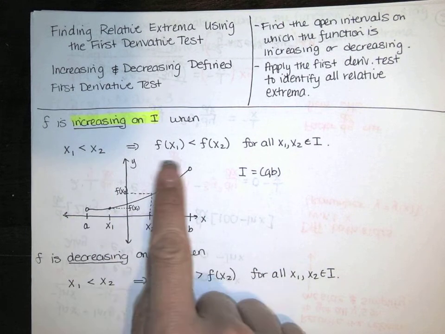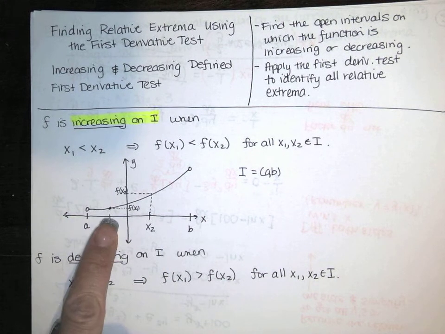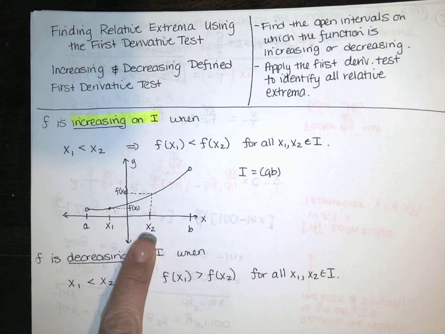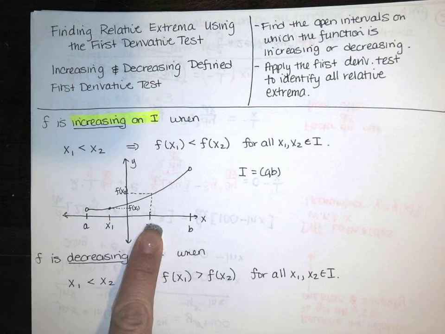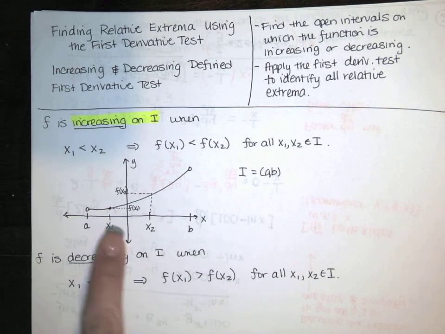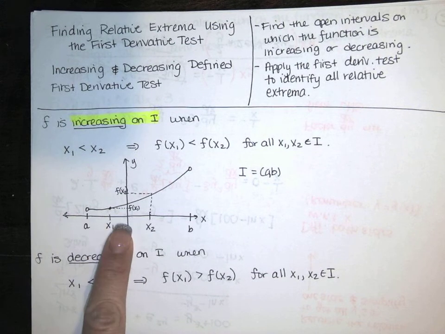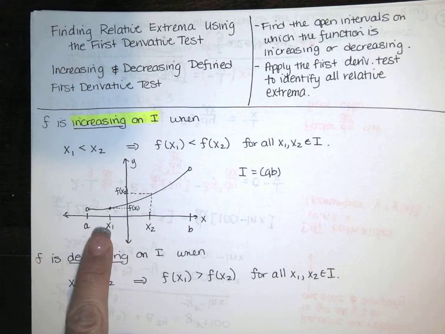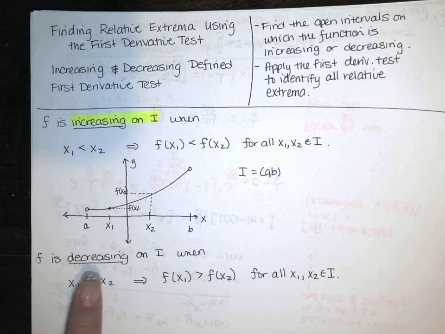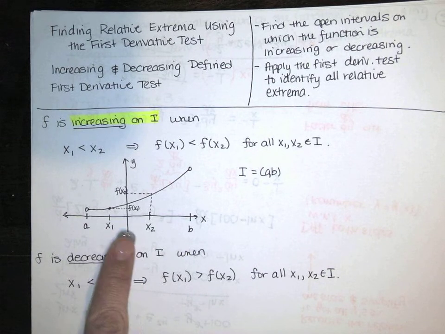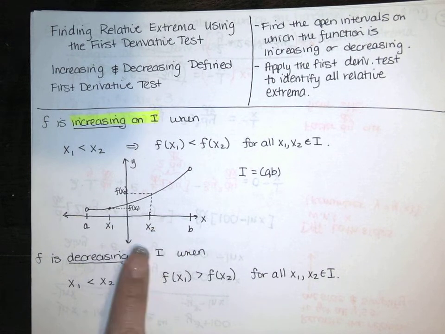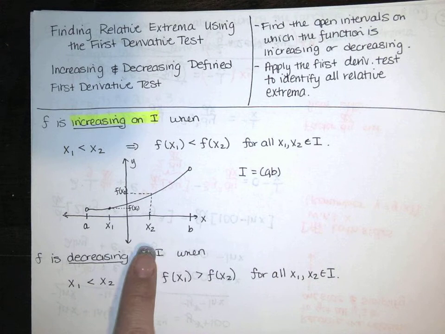Now, this statement says that as long as x1 is less than x2, so this one is to the left of this one, the y value over here is less than the y value over here. And if that's true for all x1 and x2 on that interval, then we're going to get a pattern like this. It's true for this x1 and this x2, it's true for this x1 and that x2, and this x1 and that x2.